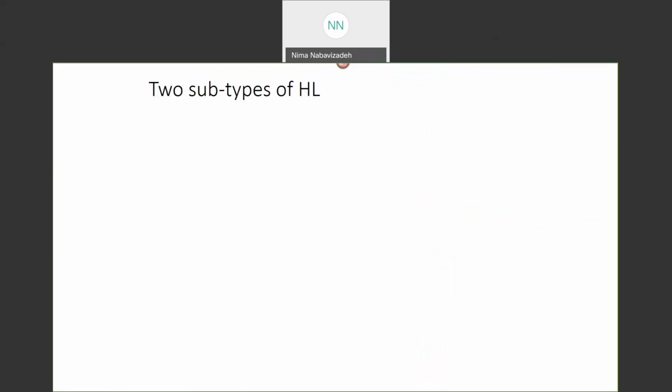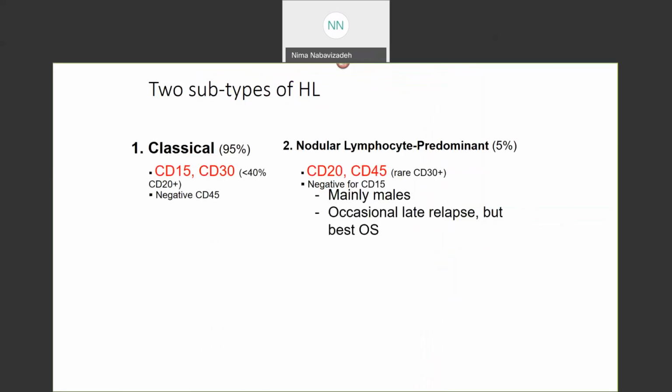There are two subtypes of Hodgkin's lymphoma. There's classical, and then there's non-classical, which is also called nodular lymphocyte predominant Hodgkin's lymphoma. For the classical Hodgkin's lymphomas, they are marked by being CD15 and CD30 positive. This is unlike non-Hodgkin's lymphomas that are not CD15 or CD30 positive.